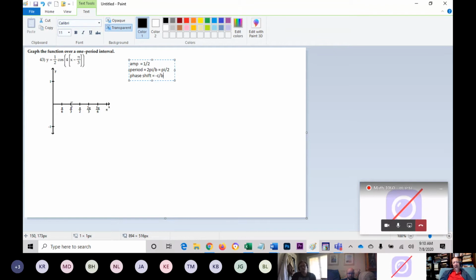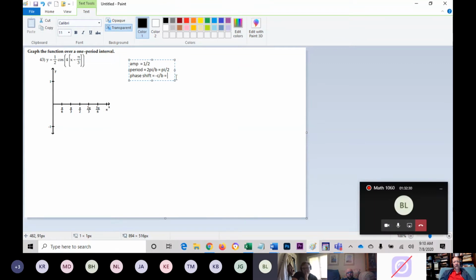So anyway, the phase shift is negative C over B. So in this case, we're going to get what? Would it be pi thirds over 4?